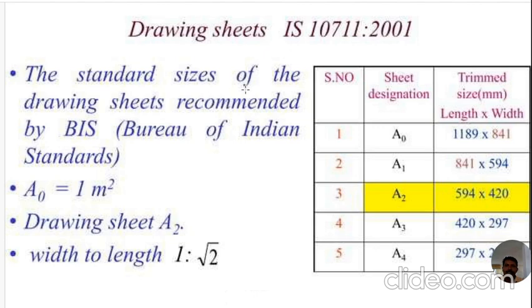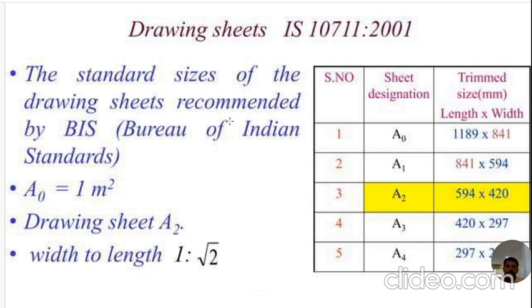The standard size of the drawing sheet is recommended by the BIS, the Bureau of Indian Standards, and the area of the A0 drawing sheet is equal to 1 square meter. The A2 drawing sheet is used by engineering students.